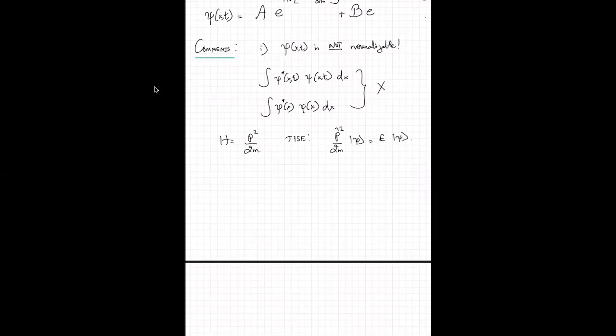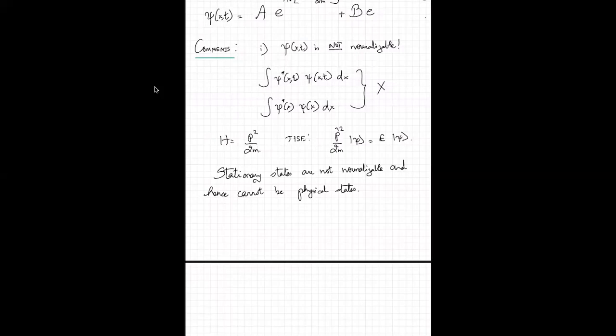So it is obvious that psi is not a normalizable eigenstate. So for the free particle case, even though the solution is very simple, we have the rather disappointing fact that the stationary states are not normalizable and hence cannot be physical states.